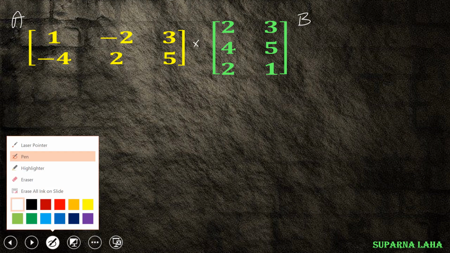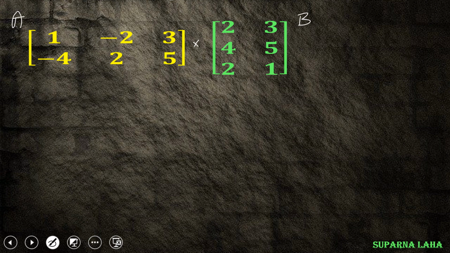Here we will not move with corresponding elements, we will move in a row with column format, that is, row with column. Just remember these two signs, this arrow and this arrow; we have to move like that.